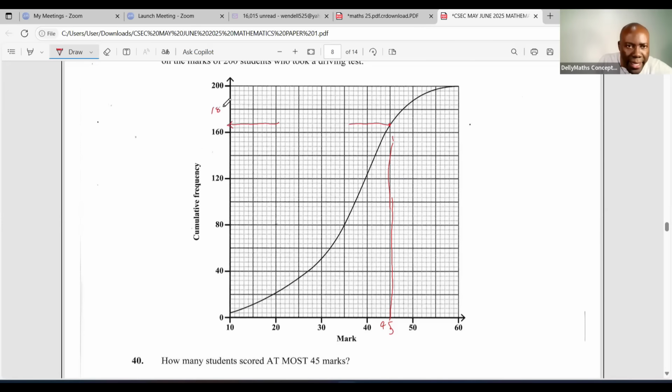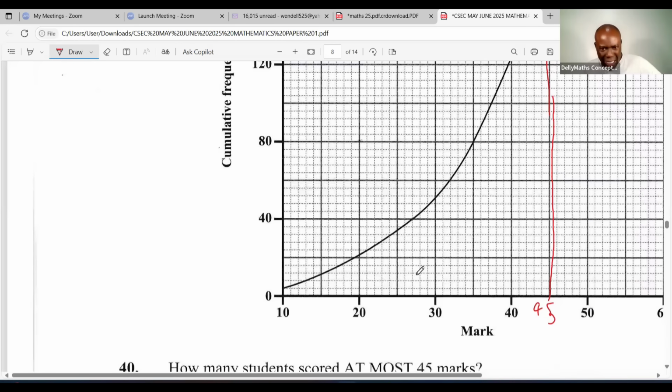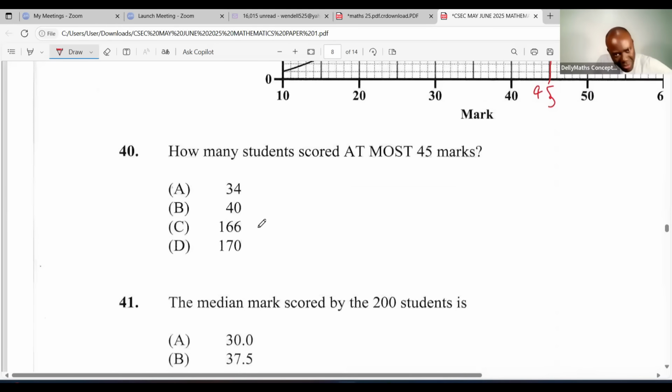This is 180. You have to look between, going up by 4: 164, 168, 172, 176. So this is actually 168, or it could be a little bit below that. Anything a little bit below 168 is the answer, like 166.